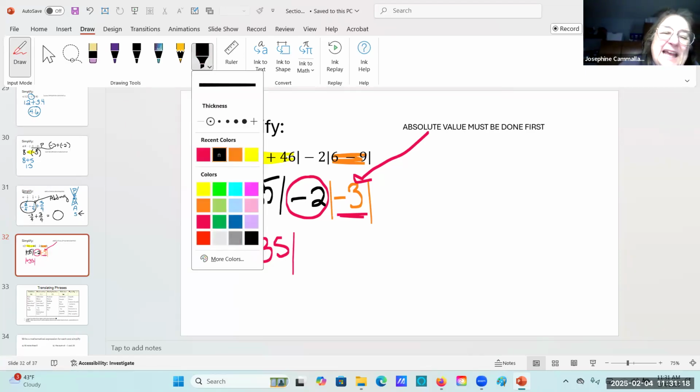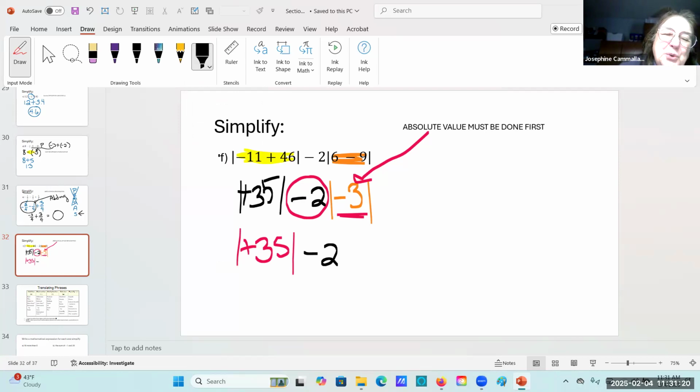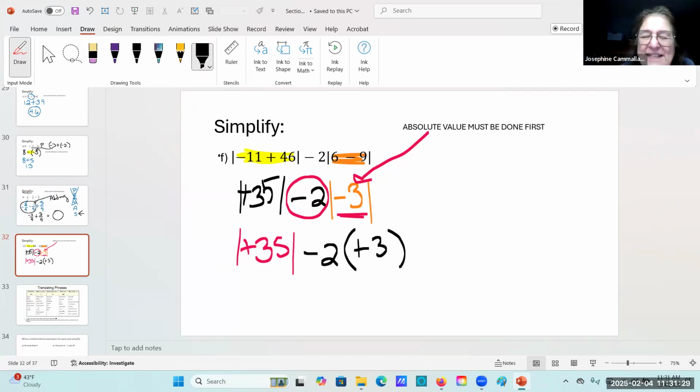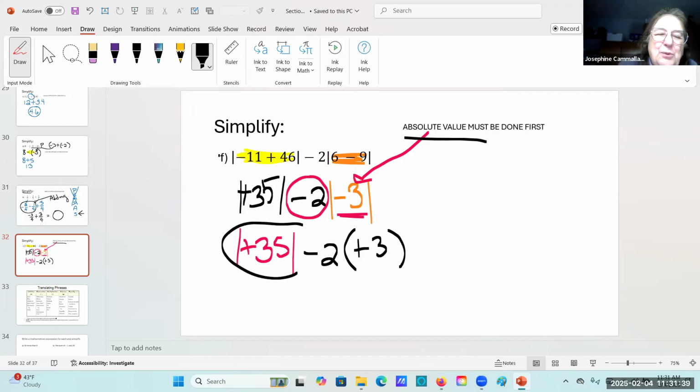But here we go. Negative 3, but the absolute value becomes a positive 3. Absolute value is done first. Now, what's the absolute value of 35? A positive 35.